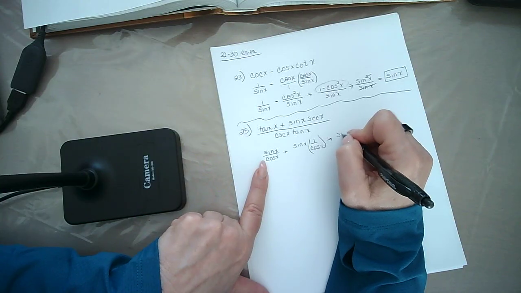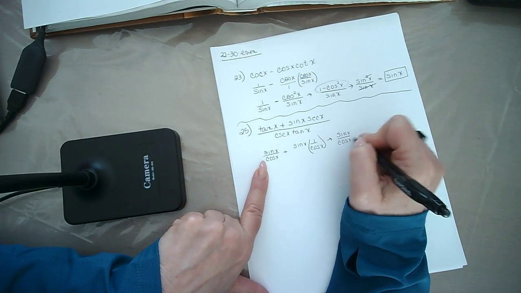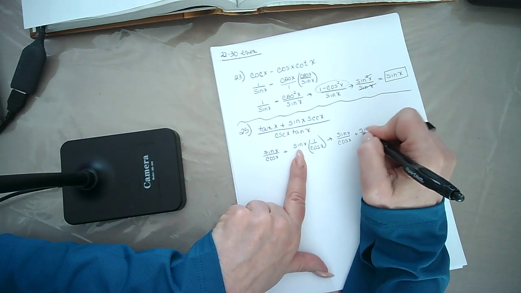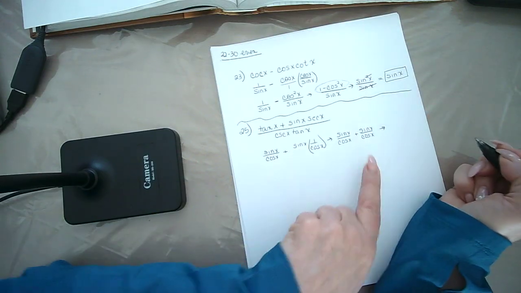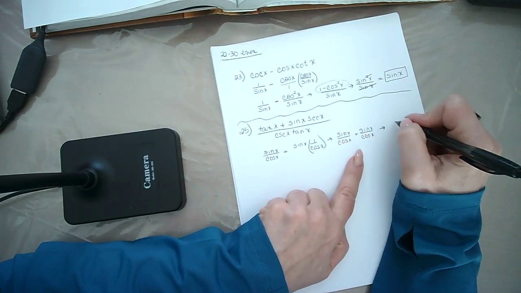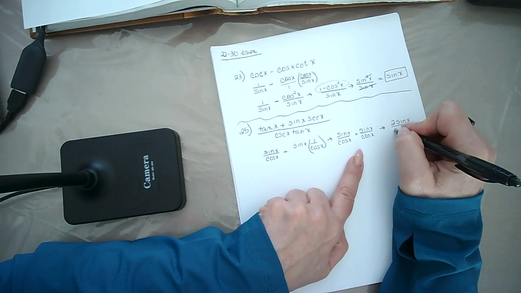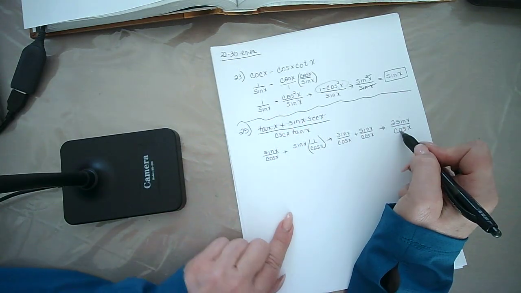This is sine x over cosine x, plus when I put these two together, I just get sine x plus cosine x, which means now when you add fractions, you don't add the denominators, just add the numerator. I have 2 sine x over cosine x. So that's what I got this whole numerator to simplify to.